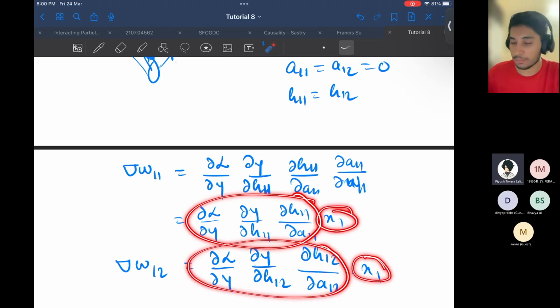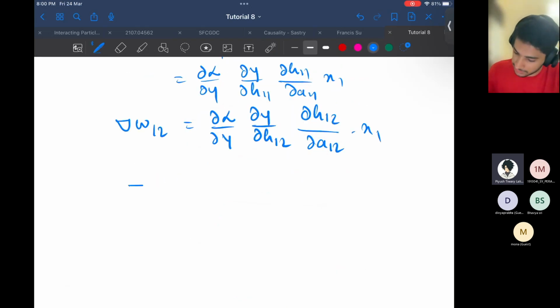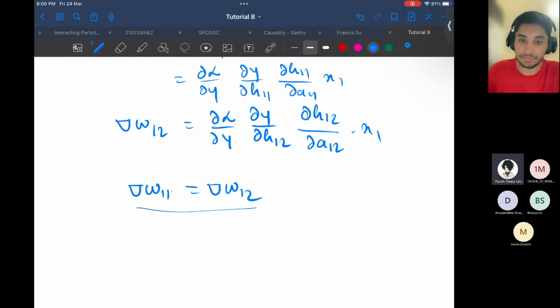Now both are multiplied by x1. So essentially, gradient with respect to w11 is equal to gradient with respect to w12. This is what I'm saying. I hope you can see that. So both the weights are getting the same update, and hence they will remain equal, right? Is this clear?